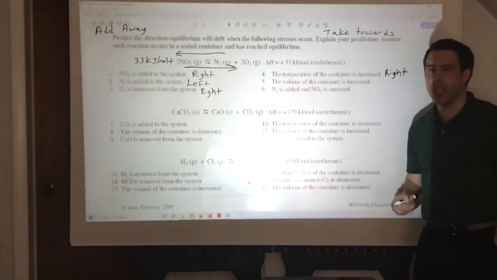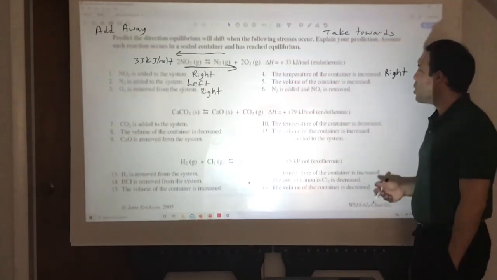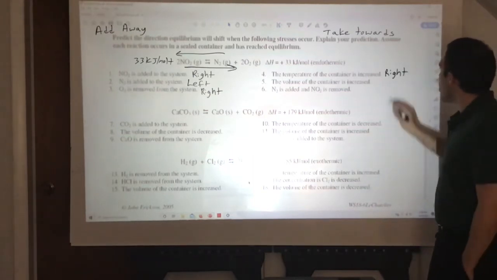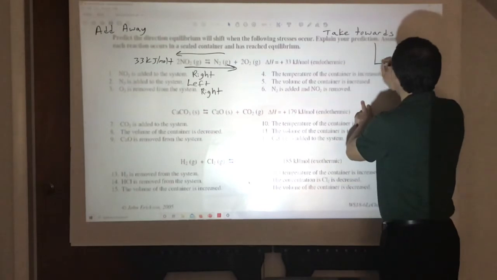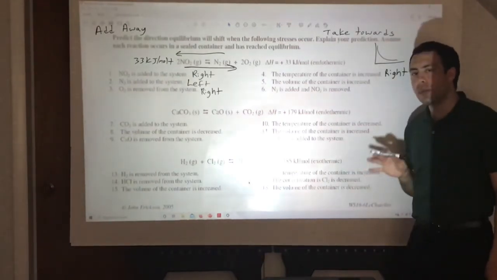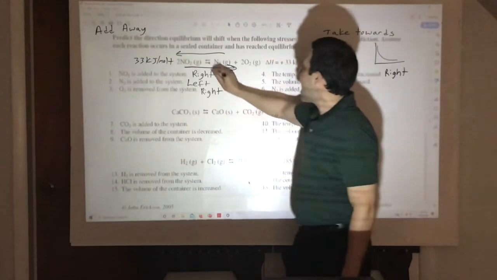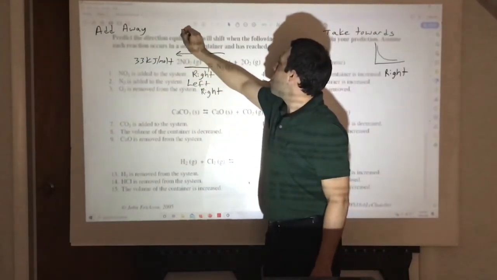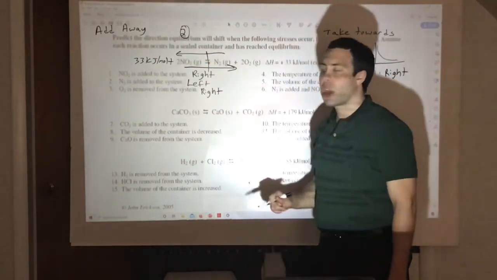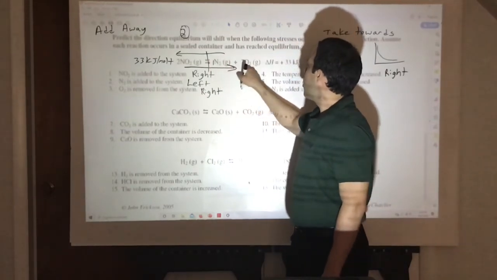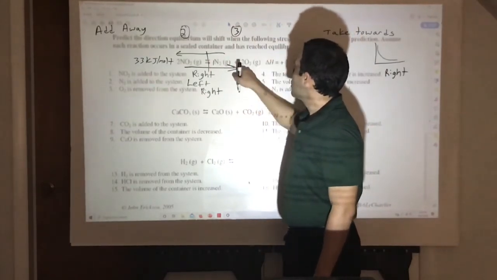Number 5 is a tricky one. It says the volume of the container is increased. Now remember from Boyle's law, pressure and volume have an inverse relationship. For pressure, if you remember, to figure out pressure, we have to count the number of moles. On the left side, we have 2 moles of NO2. On the right side, we have 1 plus 2, we have 3 moles on the right side.